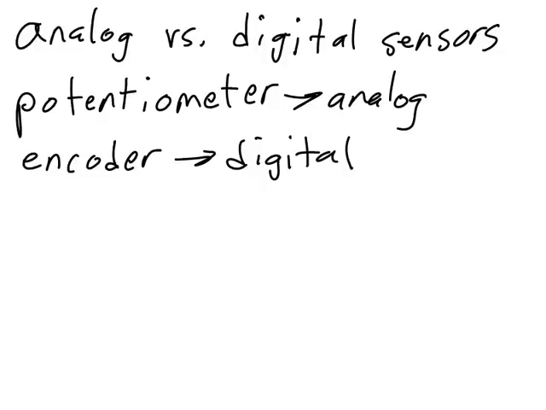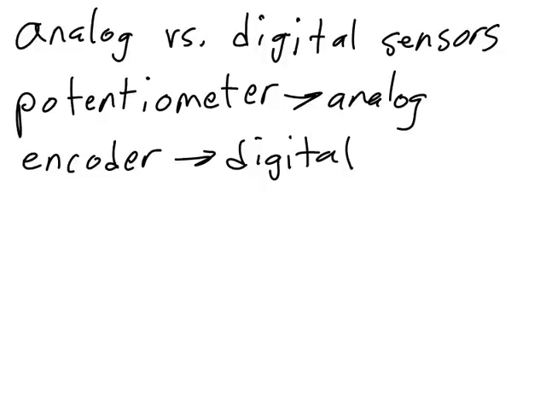The encoder is a digital sensor. It can only measure certain angles. If we rotate the shaft of the motor a distance that is smaller than the distance between the lines, we won't detect that change in angle at all. If we look at the sensor output curve for both of these sensors, they would look somewhat different.